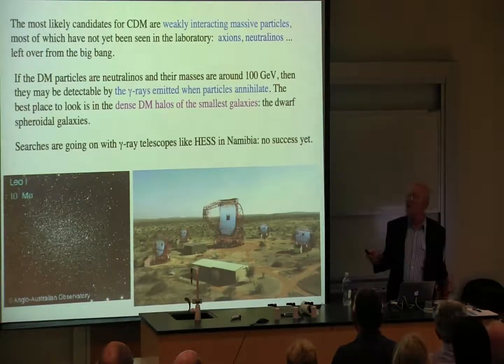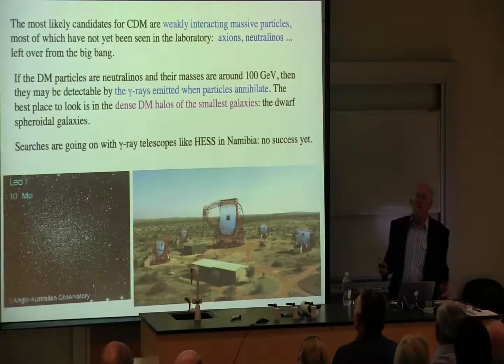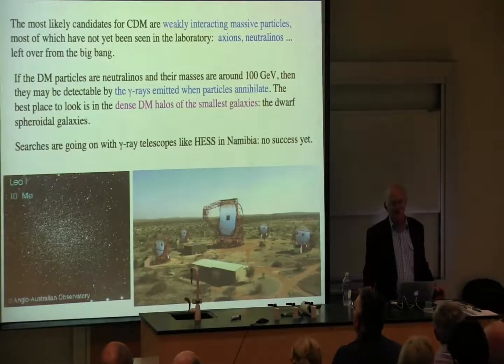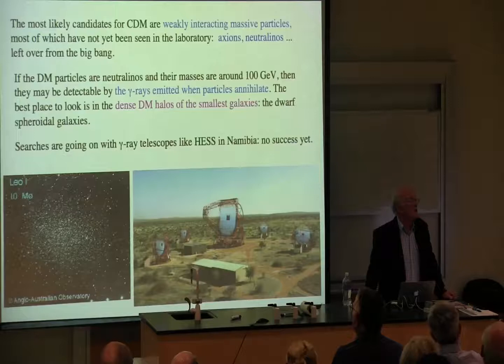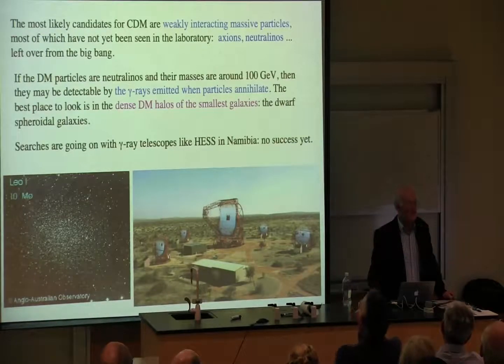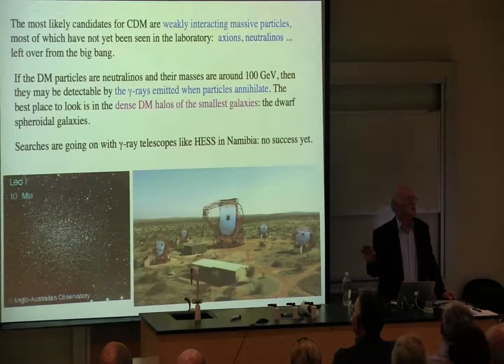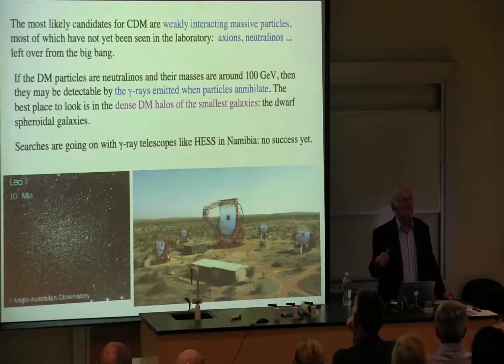And these are theoretical concepts. Neutralinos, they're in that supersymmetric domain. So axions nobody's seen yet. Maybe somebody's just seen them in the last few days. So all of this stuff is off in the realm of theory. And if the theory turns out to be incorrect, then we're in big trouble.